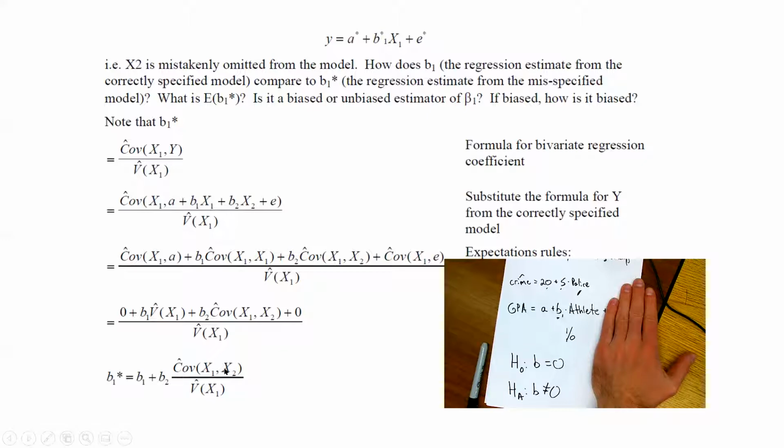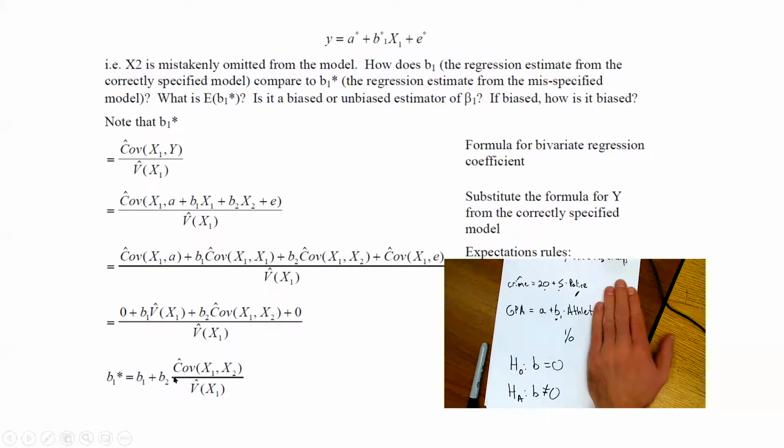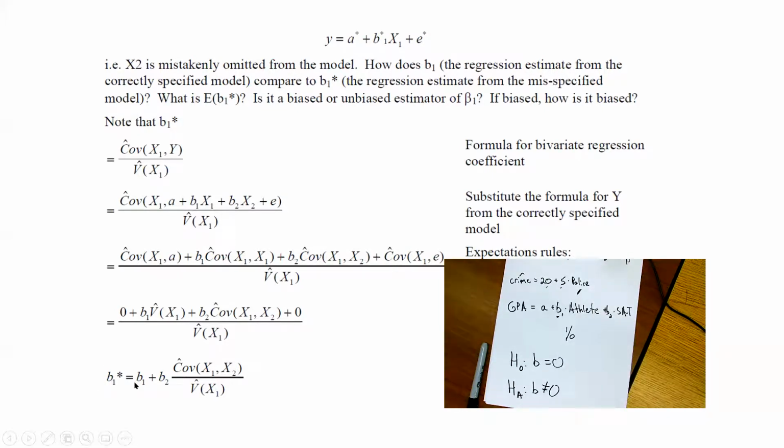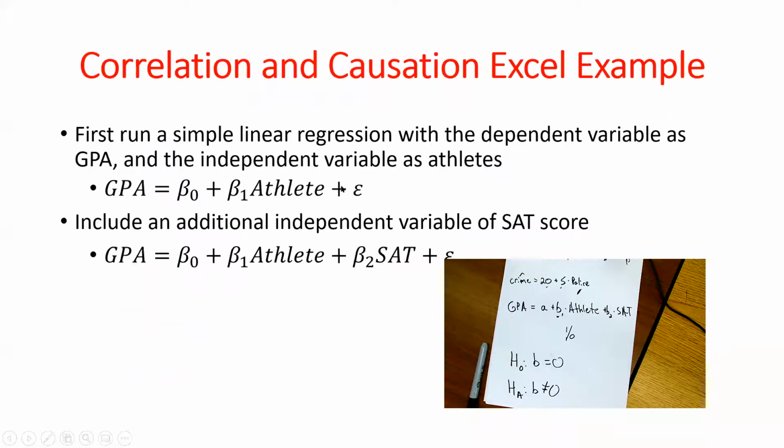But if I leave out this other important variable X2, it's also going to pick up this biased component, part of the effects that the variable I left out was having on GPAs. Once I include that second variable, this bias term goes away, right? So if we can include a lot of variables that are good at predicting our Y variable, we can make sure that we're eliminating a lot of the bias in those slope coefficients.